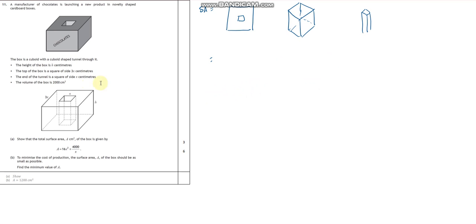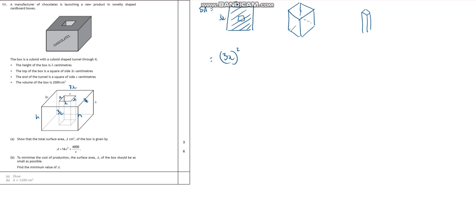Okay. This is 3x, let's label this up. And this is 3x. Fantastic. That's an x, that's an x, that's an x. This whole thing's 3x, this is 3x, this is h, okay, etc., etc. So the full thing here is going to be 3x all squared. That's the full area of the whole thing. But I don't want the full thing.